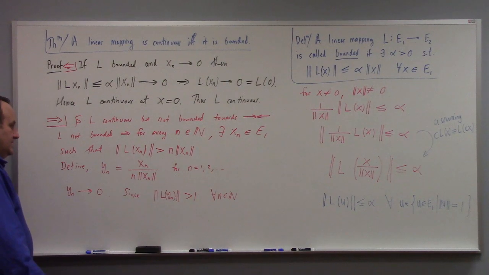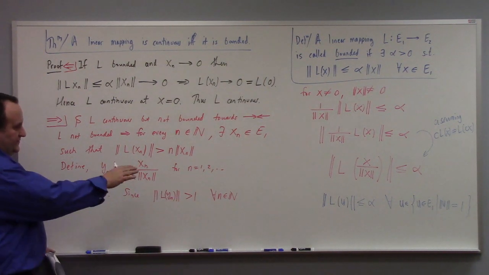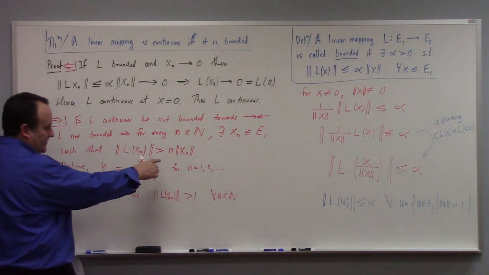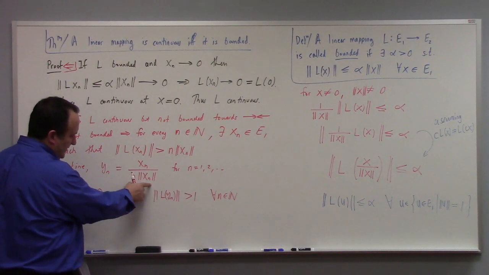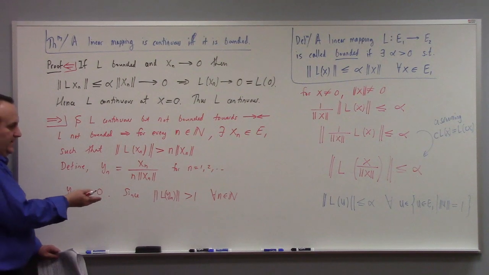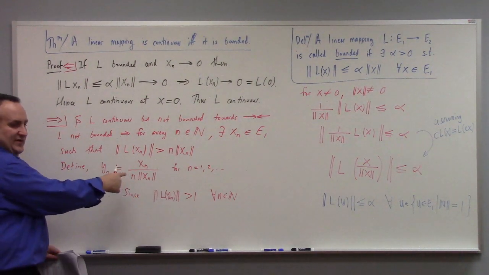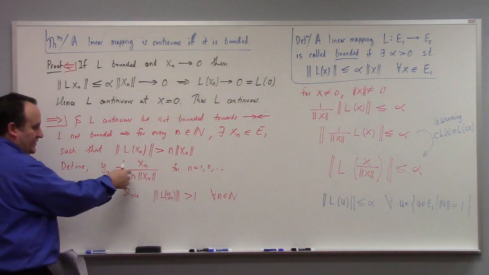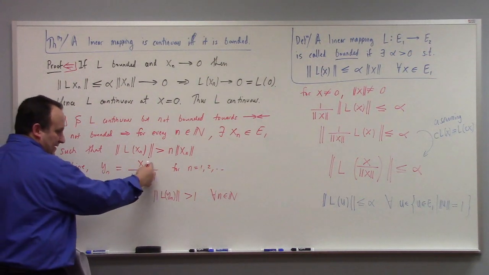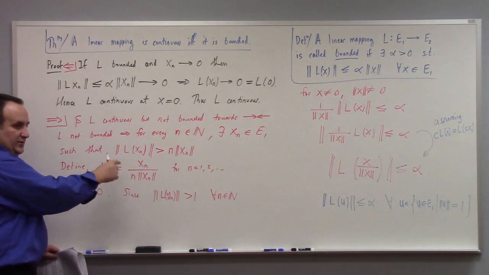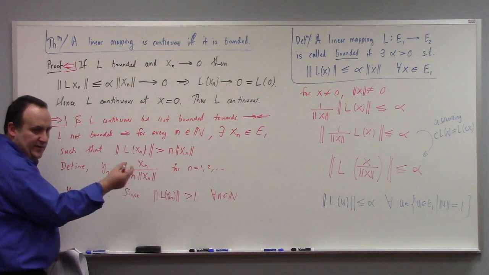Well, didn't we start with a continuous map? Yeah. So just stick with me for a second here. So then we construct y like this, right? And then clearly this goes to 0 because 1 over n goes to 0, and so we've got a sequence times something that has the norm of xn over xn, which is 1, right?